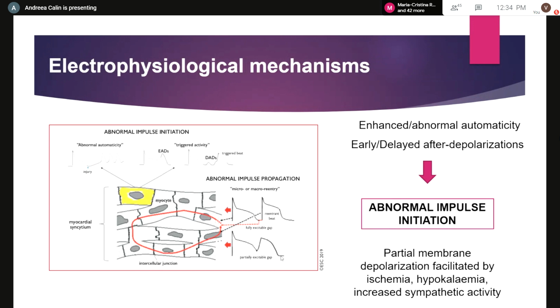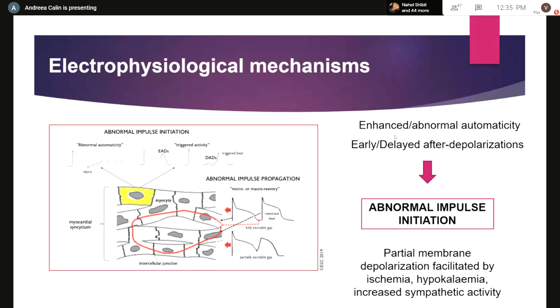So what are the main electrophysiological mechanisms that can lead to an arrhythmia? You will talk about these mechanisms also tomorrow in the ventricular arrhythmia course. There is the abnormal impulse initiation that takes place in some clusters of cells that normally do not produce an electrical impulse.